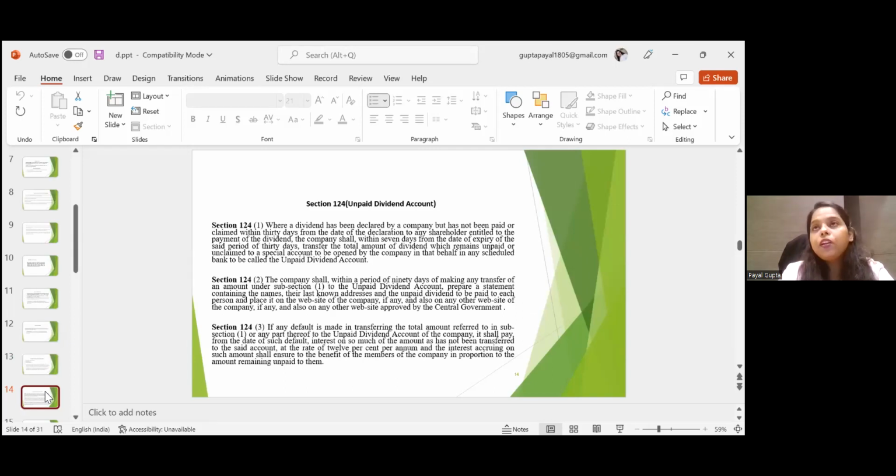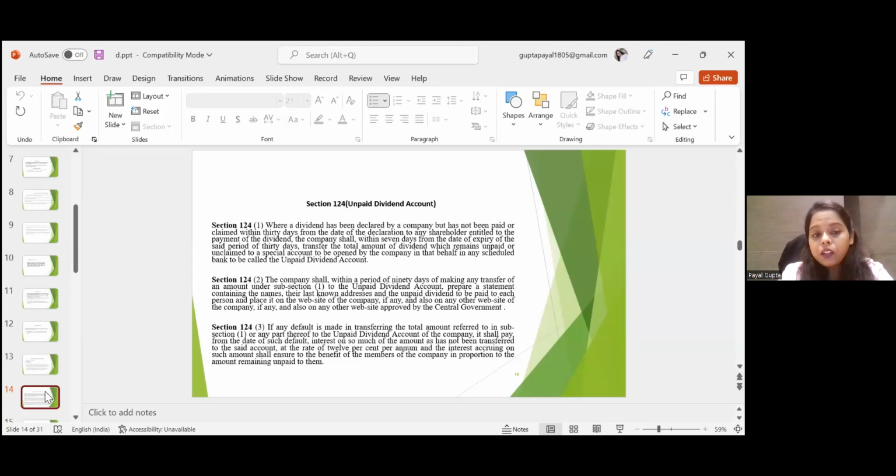The company, within a period of 90 days of making any transfer of an amount to the unpaid dividend account, will prepare a statement. Within 90 days of transferring the unpaid and unclaimed dividend amount to the unpaid dividend account, we will prepare a statement which contains the name, last known address of the shareholders, and the unclaimed dividend amount to be paid.